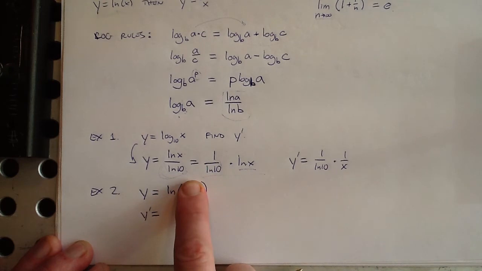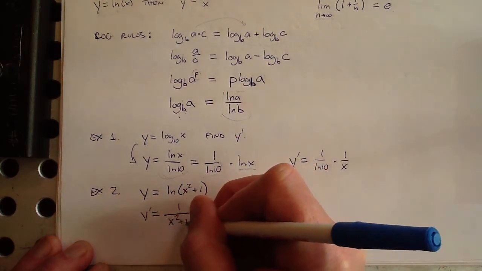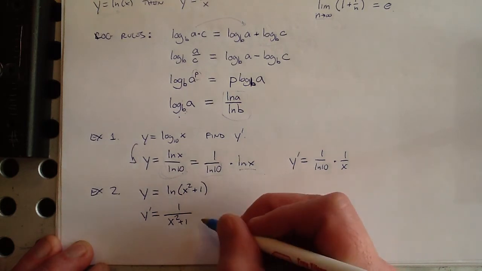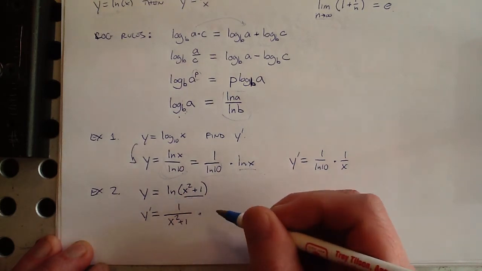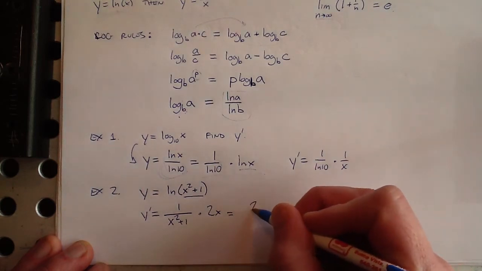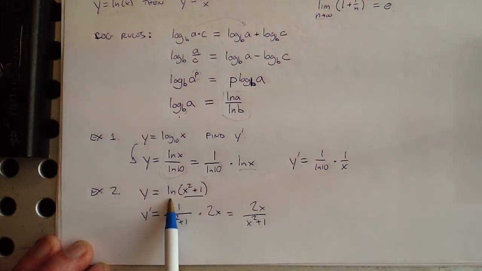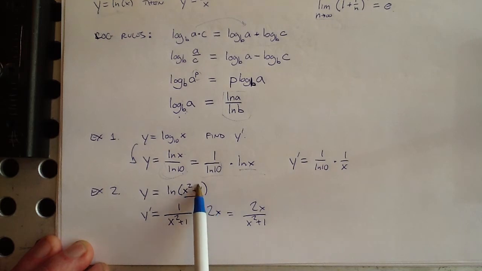Derivative of natural log whatever is 1 over whatever times the derivative of what's inside. And usually we'll write that like 2x over x squared plus 1. So the derivative of natural log x squared plus 1, it's 1 over that times the derivative of what's inside, right? That's from the chain rule.